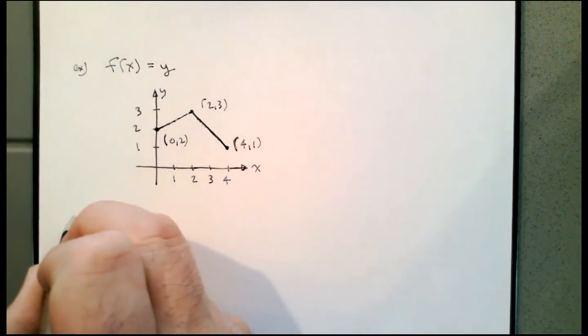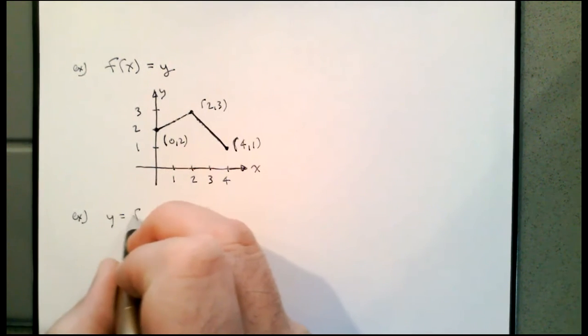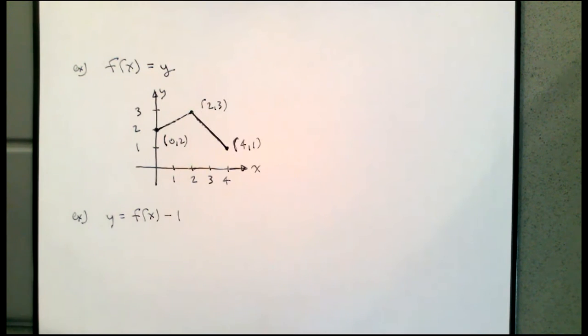So for example, if I want the graph of f of x minus 1, I'm changing the function by subtraction, and it's happening after the function. f of x gets evaluated, then we just subtract 1 from the result.